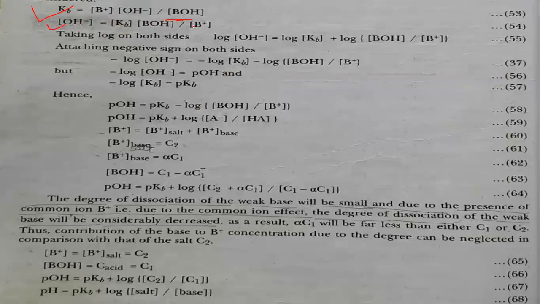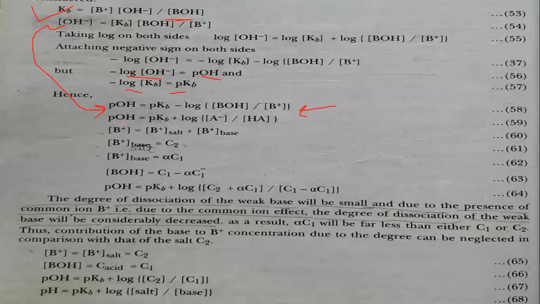Now we are taking negative log of both sides, so we are getting this equation. As negative log of OH minus is pOH, negative log of Kb is pKb. Putting those things over here, now what you have is BOH upon B plus.